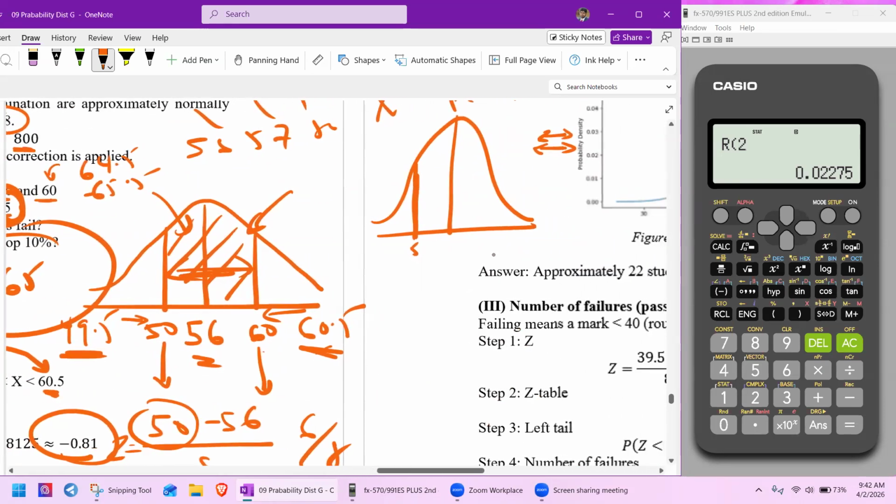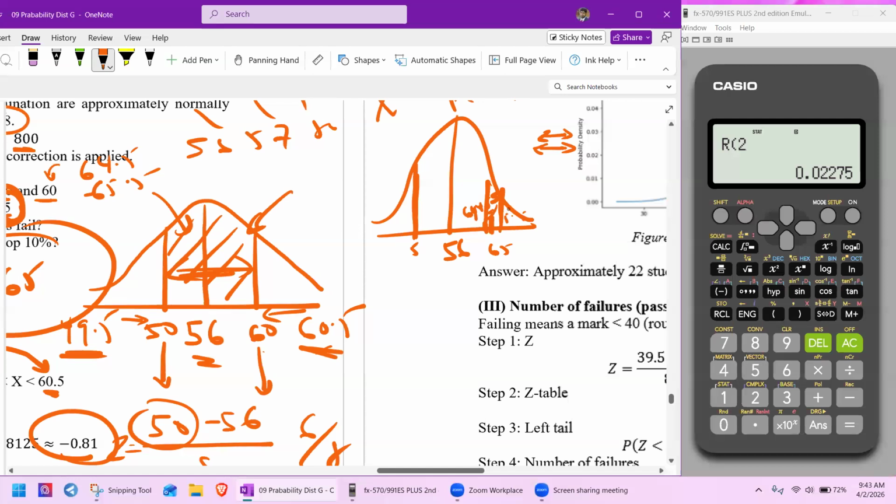Here the mean is 56, and we have to find the probability of getting 65. That means 64.5 to 65.5 in this range.